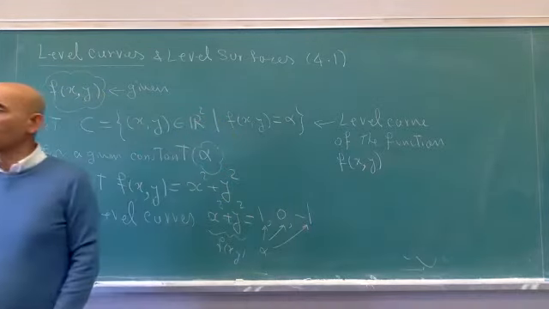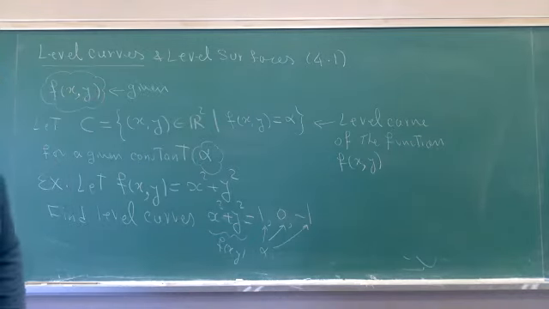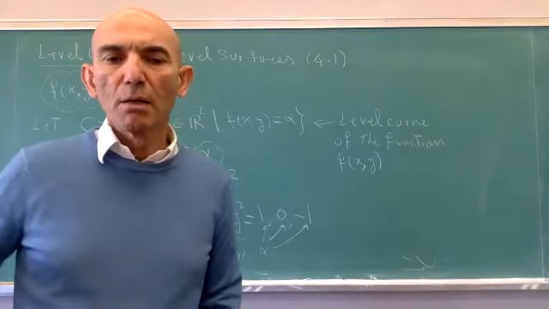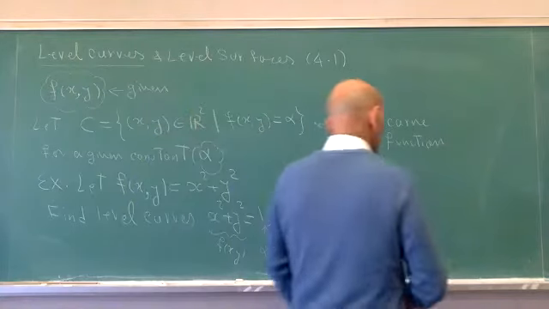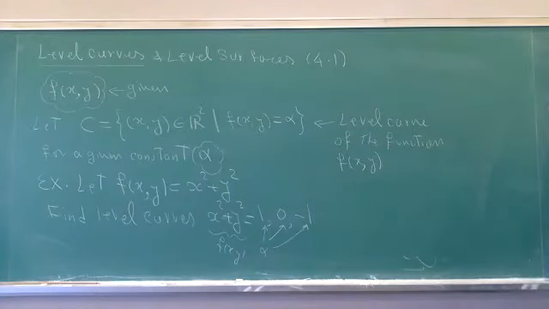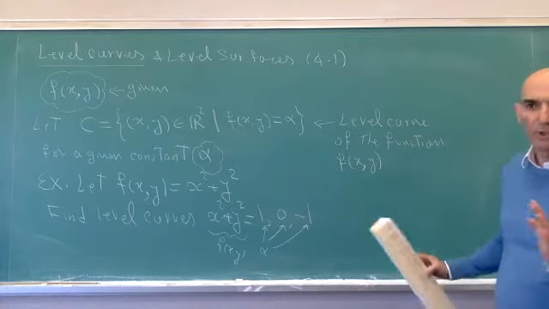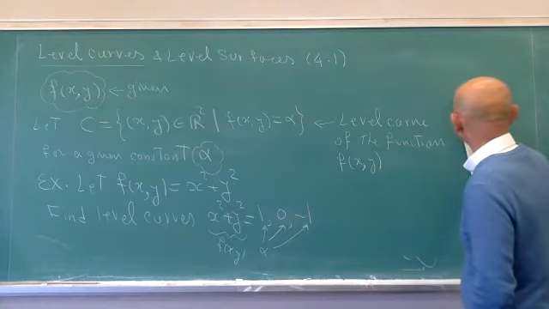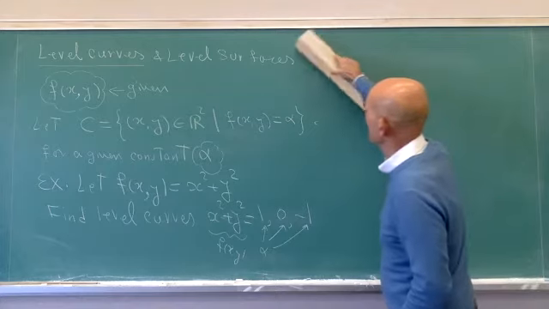This is like three problems packed in one problem. I'm just asking to find a level curve for values alpha equal to 1, minus 1, 0. So we have to solve three problems to gain some insight into this issue of level curves. It's a very, very important concept, as you will notice. So let me draw this part.